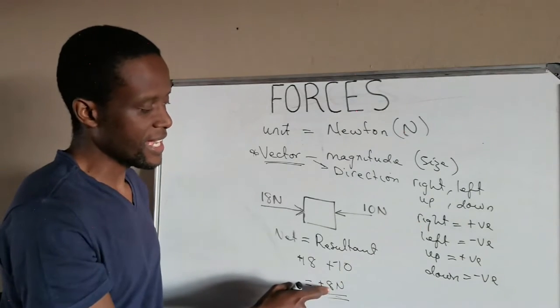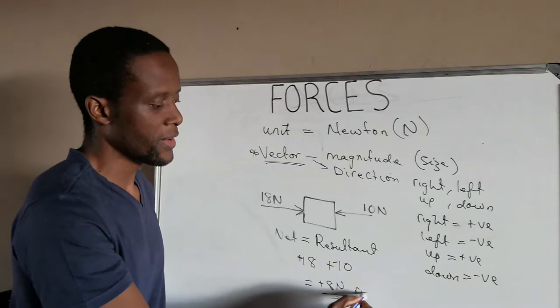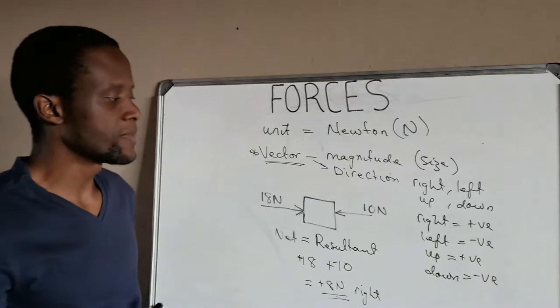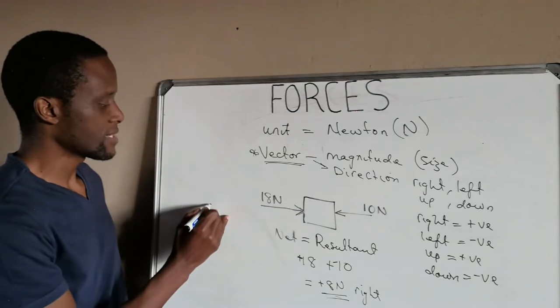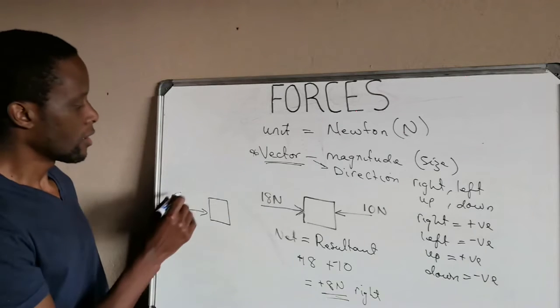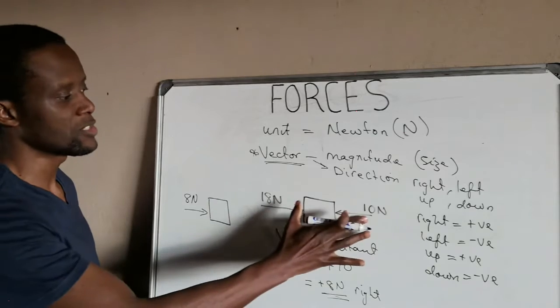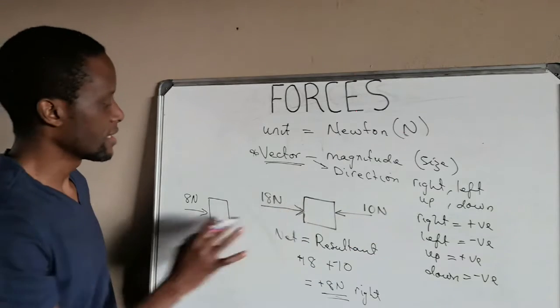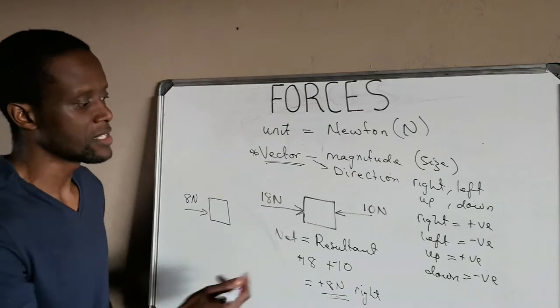So we can say the resultant of these forces is 8 newtons to the right. What this basically means is that these two forces are the same as if we only have one force of 8 newtons acting on this object. So these two forces, 18 and 10, the resultant is just 8 newtons acting to the right. So that is the resultant.